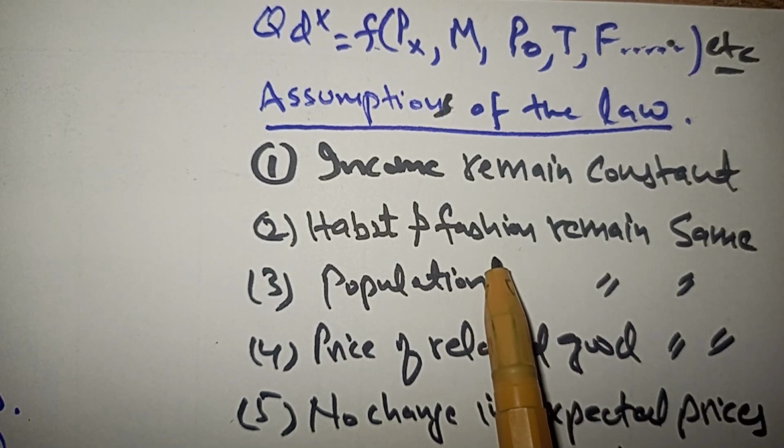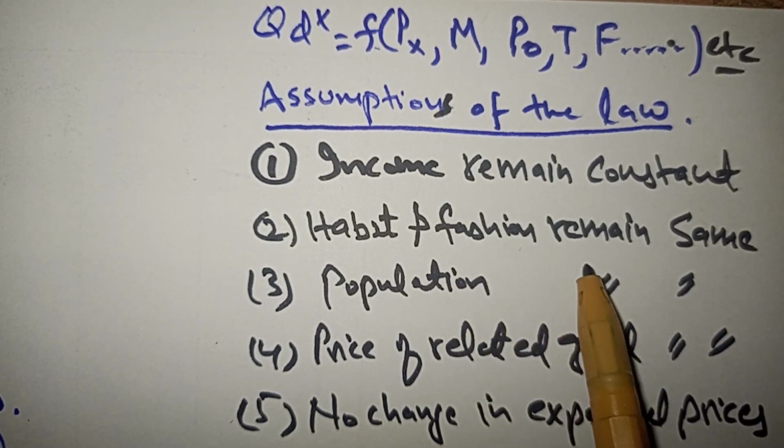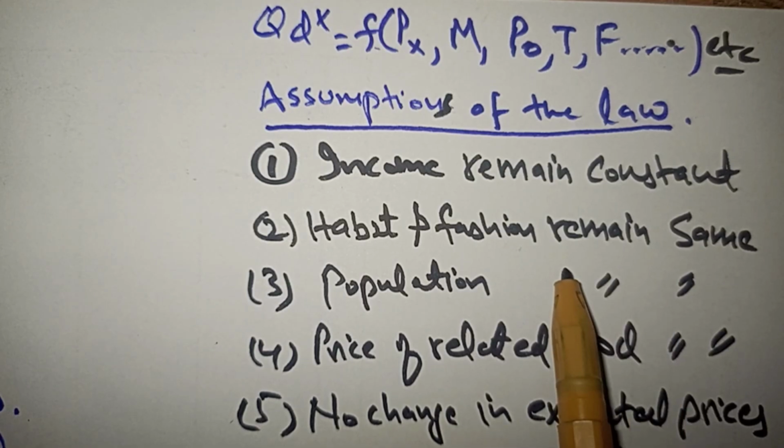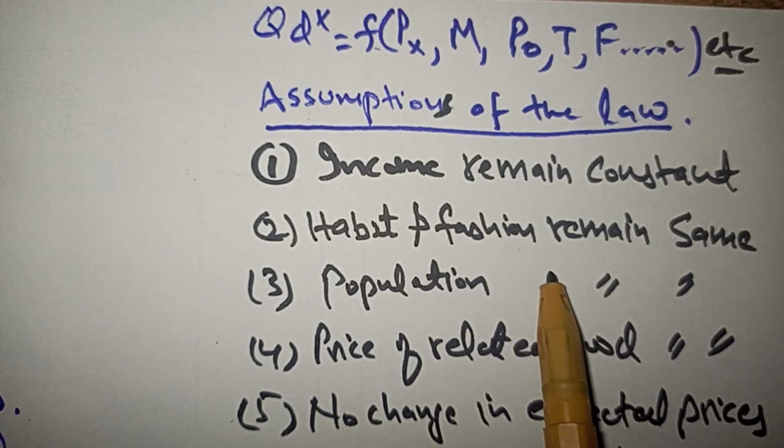Now we move toward the second assumption, which is habit and fashion of the consumer. Here we assume that habits and fashion of the consumer remain the same. The law of demand will be valid only if the taste and fashion of the consumer remain constant.